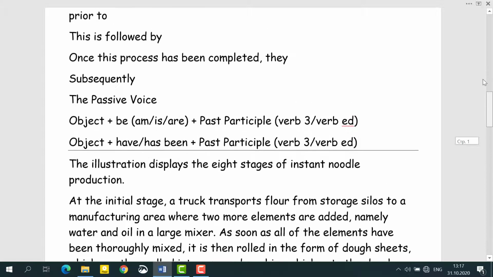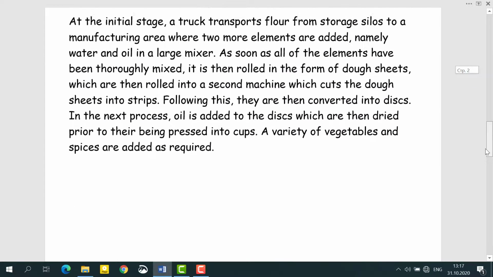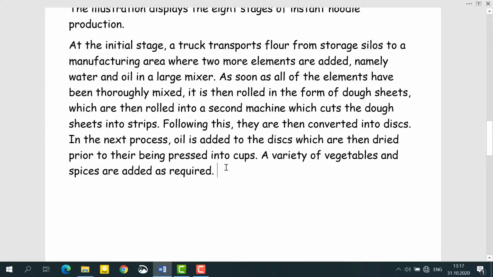Okay, now let's just look at the next step. So here we have labeling and sealing and everything. Okay, now how can we describe the next sentence, the next process?